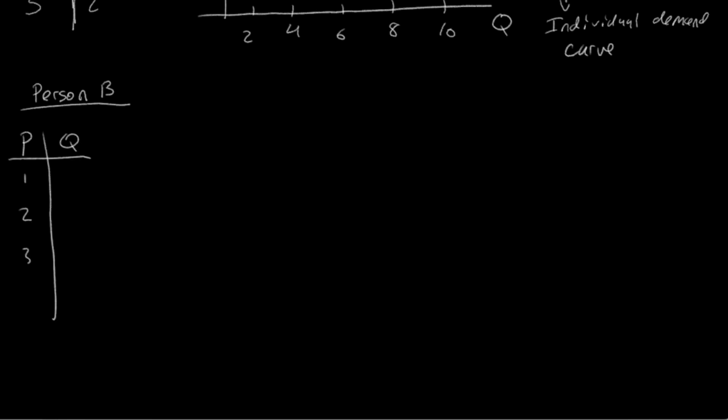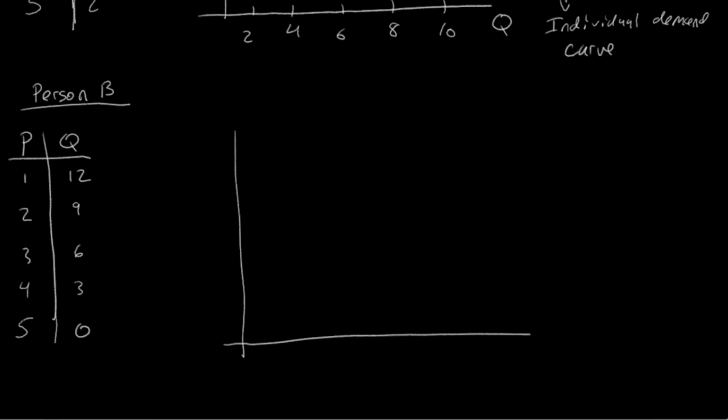1, 2, 3, 4, 5, with quantities 12, 9, 6, 3, 0. So we can plot this for person B. Remember, price is on the y-axis: 5, 4, 3, 2, 1.